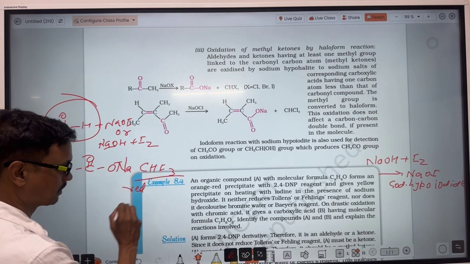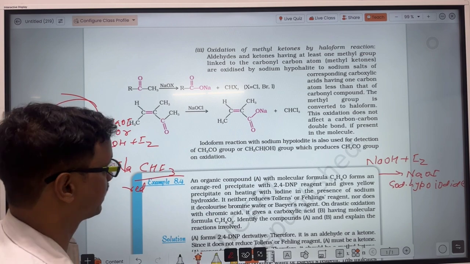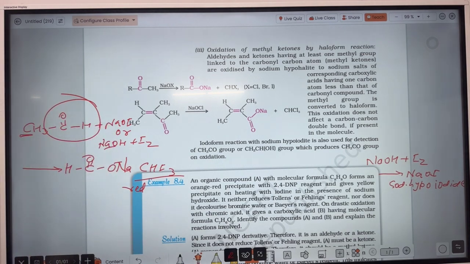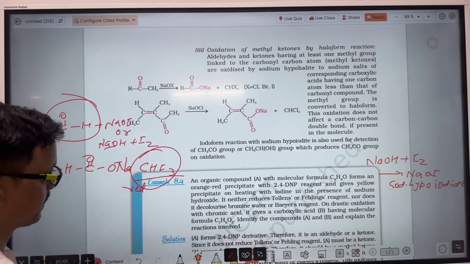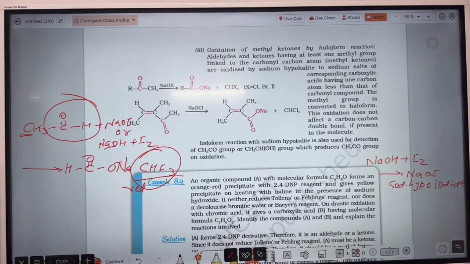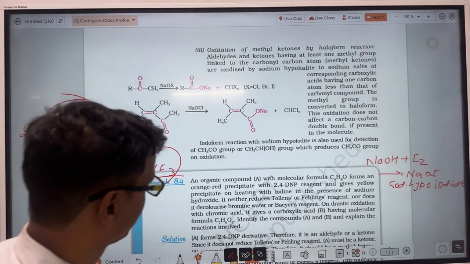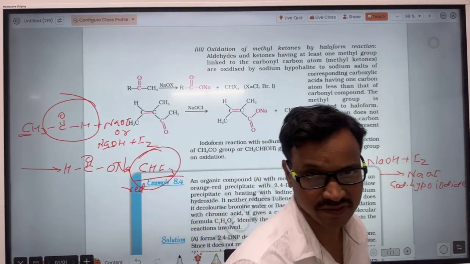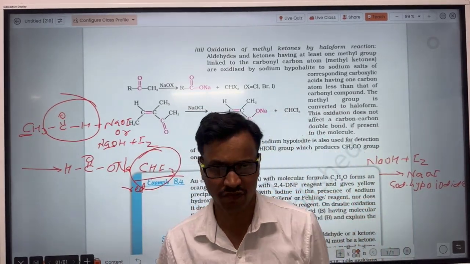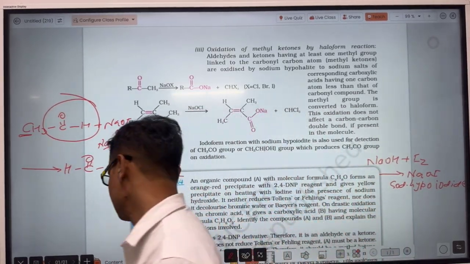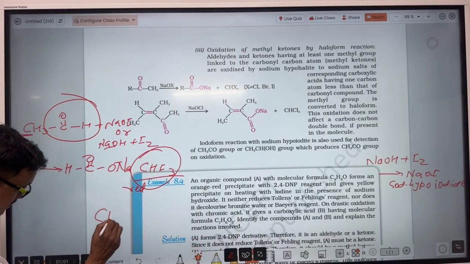Here it will be red or whatever, depending on the compound. So a red, orange, or yellow colored precipitate will form. When there is a precipitate of red, orange, or yellow, then this compound contains a methyl group bonded to the carbonyl carbon. Okay, so you may write that the haloform test is used to distinguish this group.